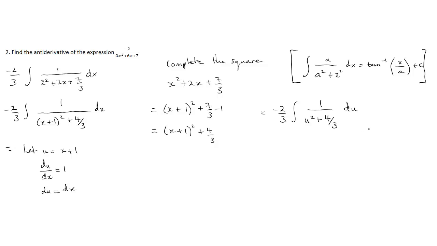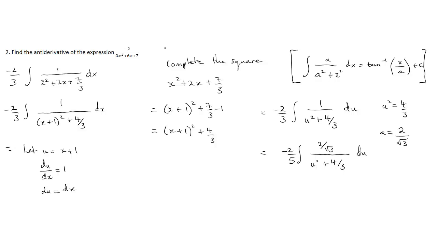And now we know that a squared is equal to 4 over 3, and therefore a is equal to 2 over square root of 3. And so we really need to introduce the value of a at the top of that fraction. So 2 over square root of 3 goes at the top, and u squared plus 4 over 3 goes at the bottom.